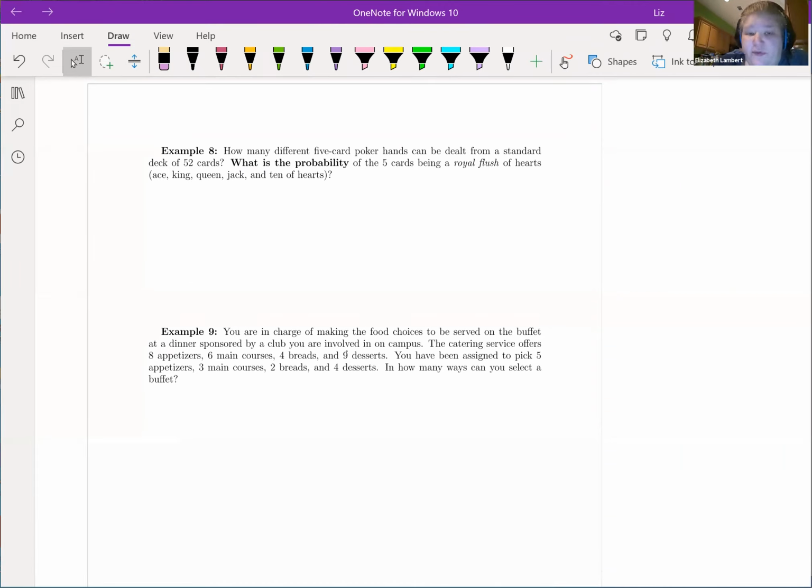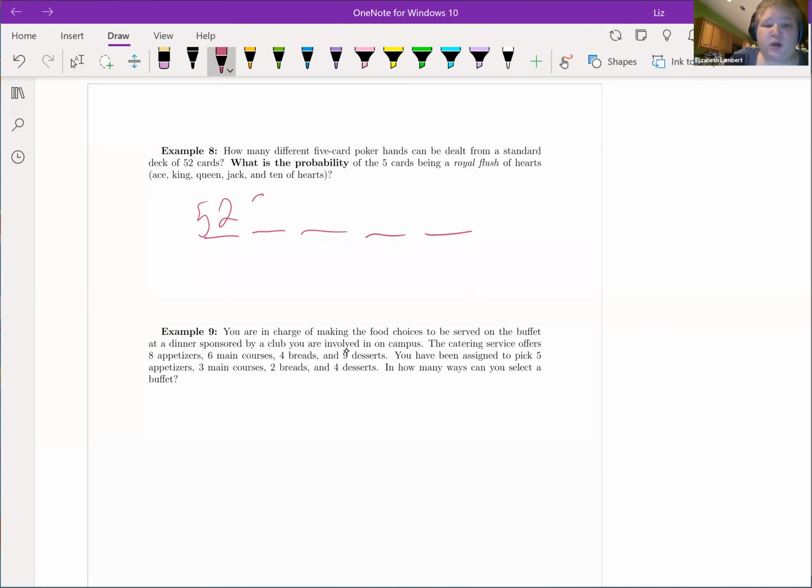So how many different 5-card poker hands can be dealt from a standard deck of 52 cards? All right, so we have 52 cards, and it just matters that they are different. And for a poker hand, the order you have the cards in does not matter because you can rearrange your cards. So I've got my 5 spots. I get my first card.